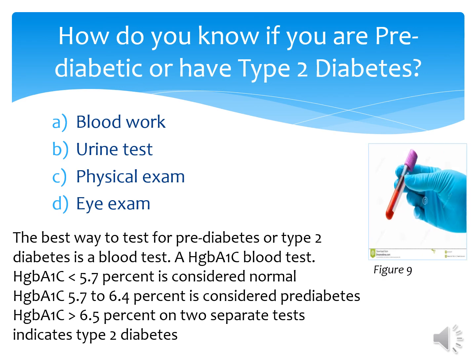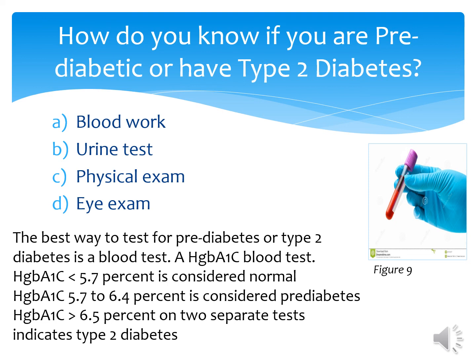How do you know if you are pre-diabetic or have type 2 diabetes? A, blood work. B, urine test. C, physical exam. D, eye exam. The best way for pre-diabetes or type 2 diabetes is A, a blood test. A hemoglobin A1C blood test is the best and most reliable way to know if you are pre-diabetic or already have type 2 diabetes.